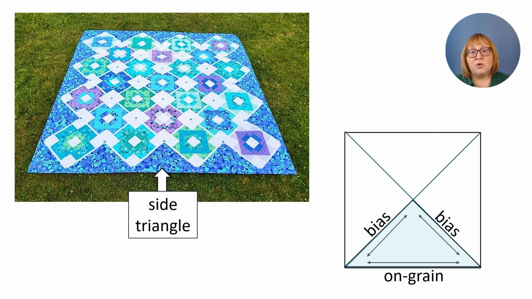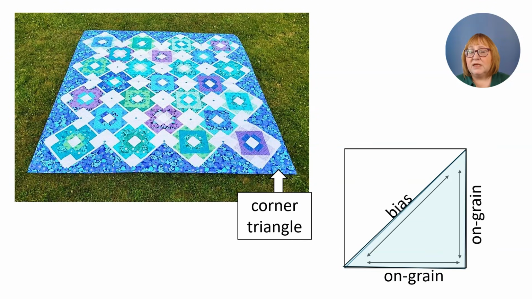So I cut quarter square setting triangles to go along the sides of the quilt, which allowed me to avoid placing bias edges along the outer edges of the quilt. I cut half square setting triangles for the corners, again to avoid having bias on the outer edges of the quilt. It worked just great.